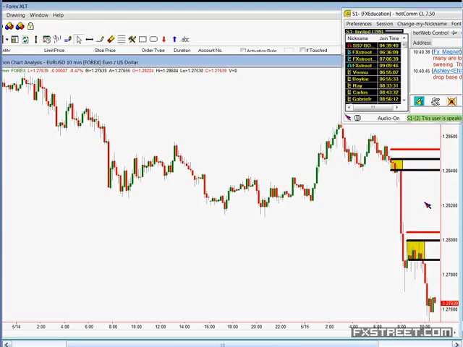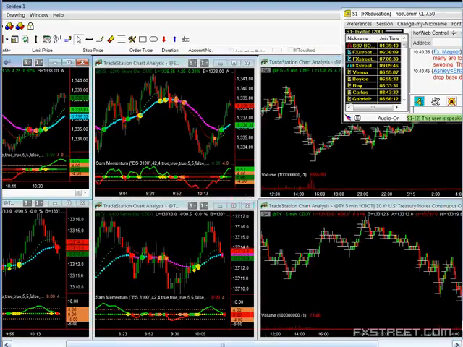Let's see. FX, I'd have to look back, but I'd say it's probably about 70-30 on the win side. I'm many months into testing this automated strategy. Well, I was going to bring it up here.